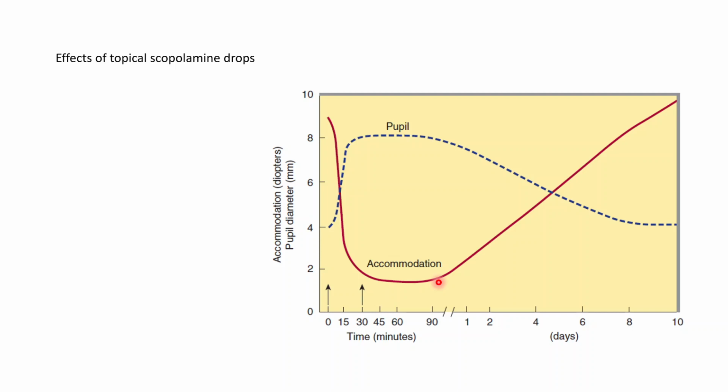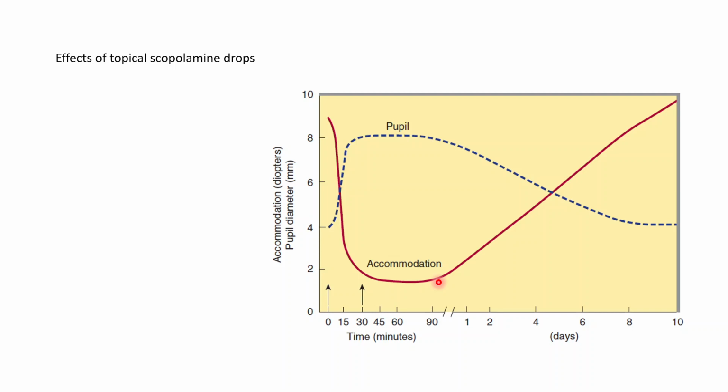In the GI system, the blockade of the muscarinic receptors has a dramatic effect on motility and secretory functions. Antimuscarinic drugs also reduce the salivary secretion, and that leads to dry mouth.